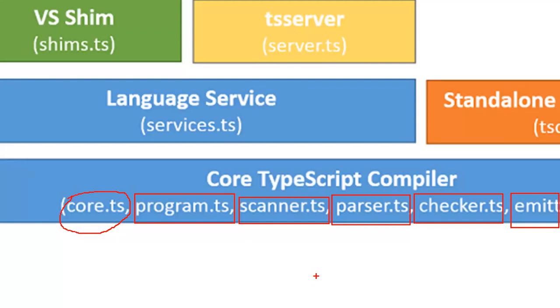And you see there is a scanner in the compiler. If anybody asks what is the role of the scanner in a compiler, it is responsible for handling input. In a programming language, input is managed by whom? Scanners. In TypeScript, input is managed by whom? Scanner. The scanner is responsible for managing input.